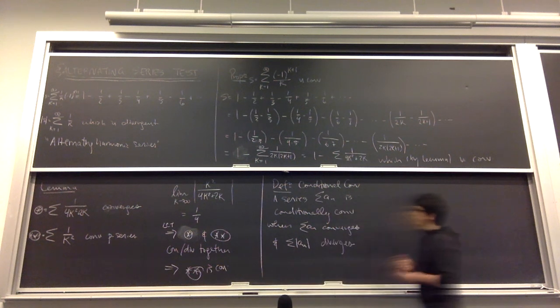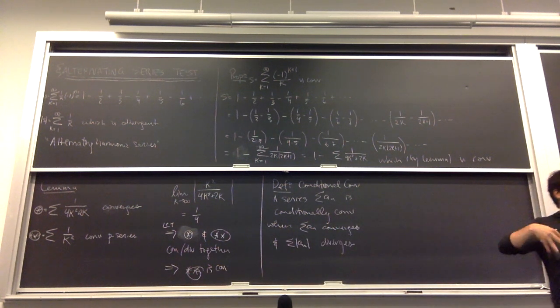So that is to say something is conditionally convergent when it is convergent but not absolutely convergent.